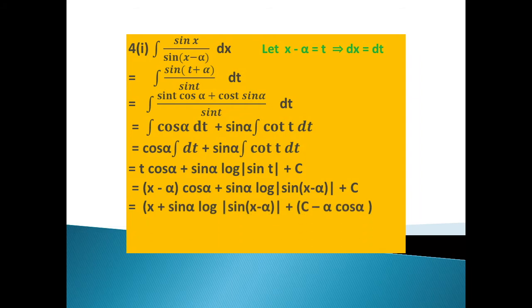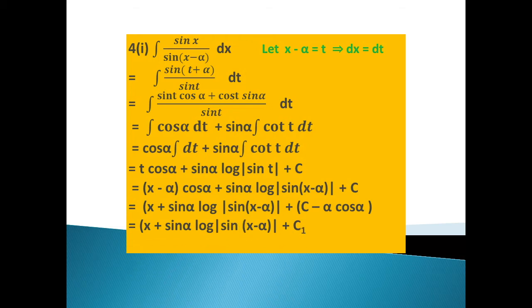Now you will notice that I have segregated the constants. That is, when I use the first bracket, that is x minus alpha, when I open it up, I get x plus sine alpha log of sine of x minus alpha plus, and in the other bracket all the constants have been clubbed together. That is, in the second bracket I have written c minus alpha cos alpha, and you know that the operations between the constants will always be another constant only.